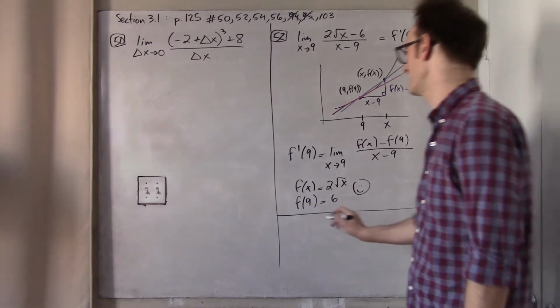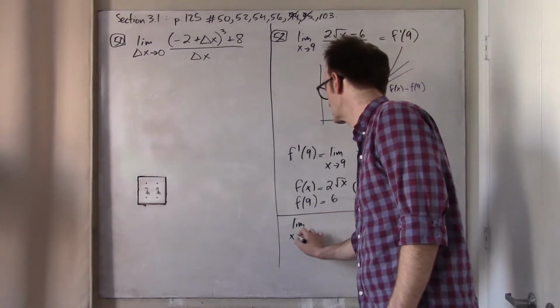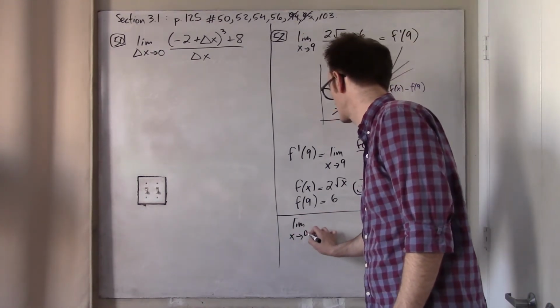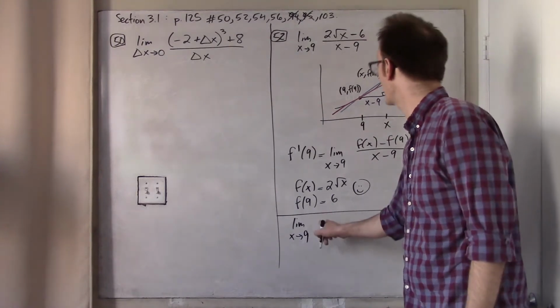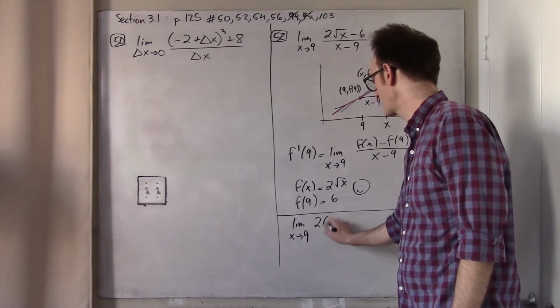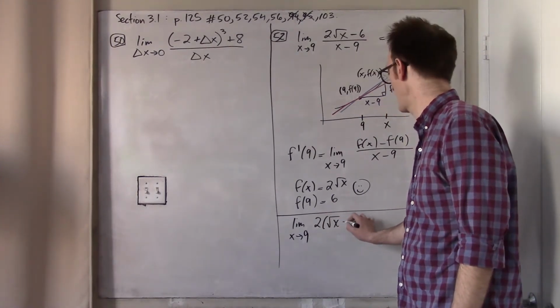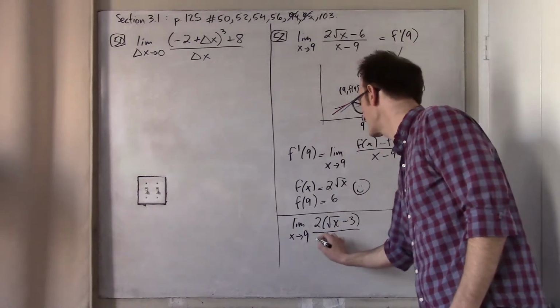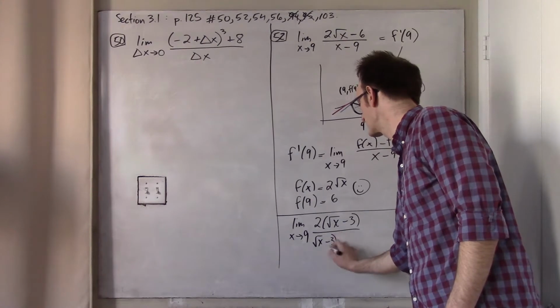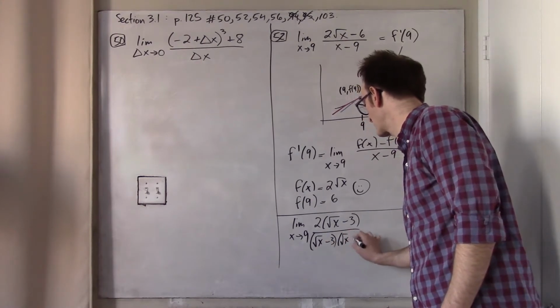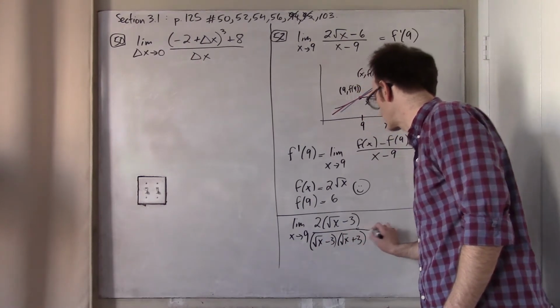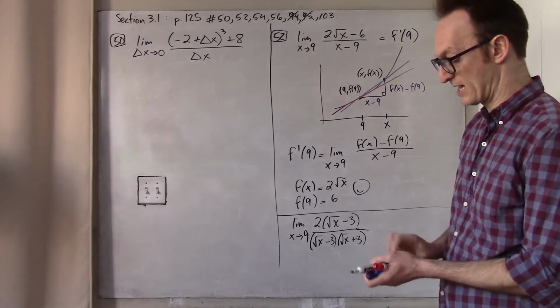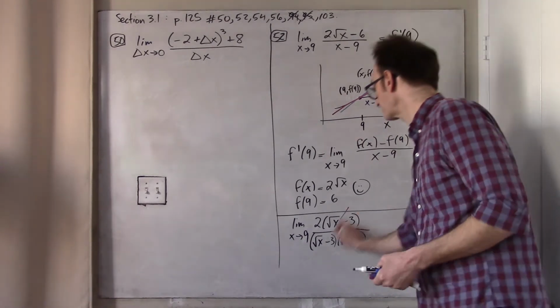By the way, follow up. We can just do this limit, so let's do it. It's the limit as x approaches 9 of, I can factor out a 2 here, so that gives me 2 root x minus 3. And the smooth thing to do is to factor x minus 9 as root x minus 3 times root x plus 3. And then this cancels.